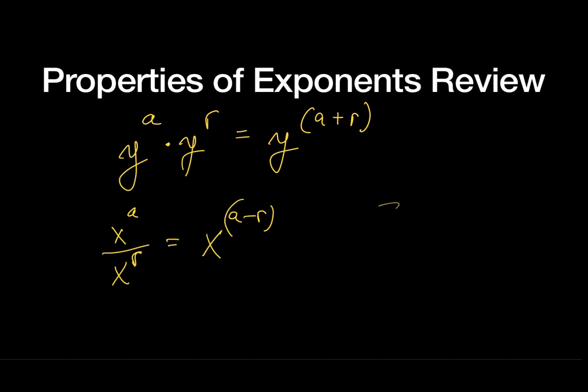If I have z to the third raised to the 2x power, this will be z to the 6x. When I have a power raised to a higher power, they multiply. 3 times 2x is 6x. Those are the properties of exponents that we've done so far.